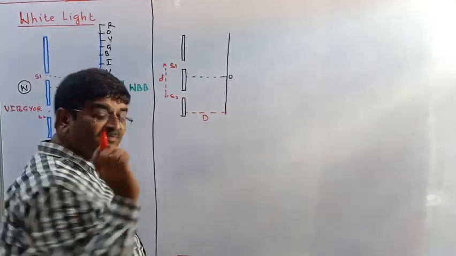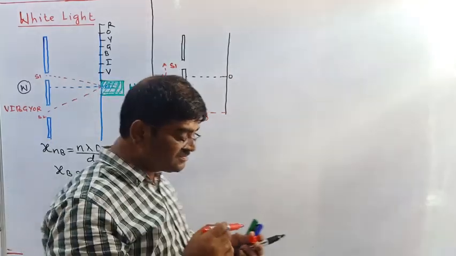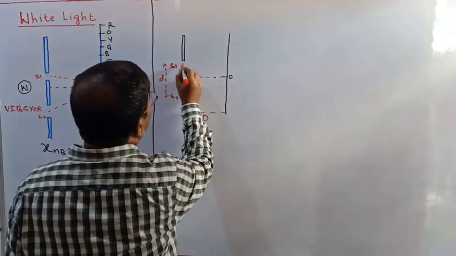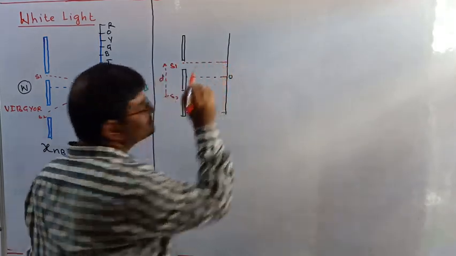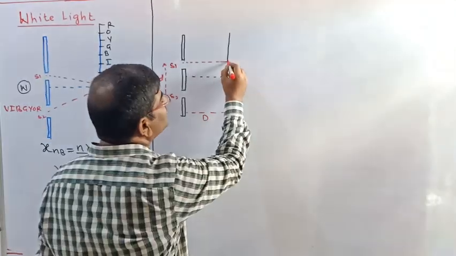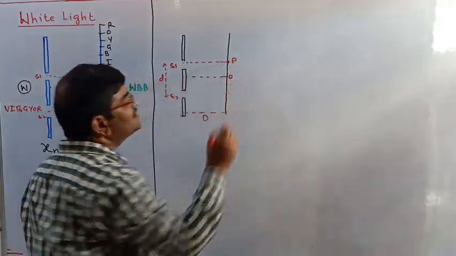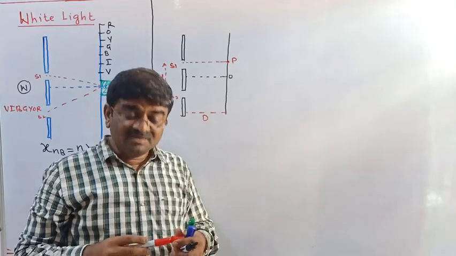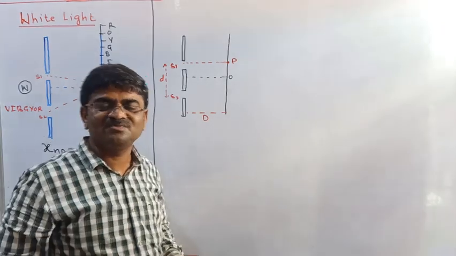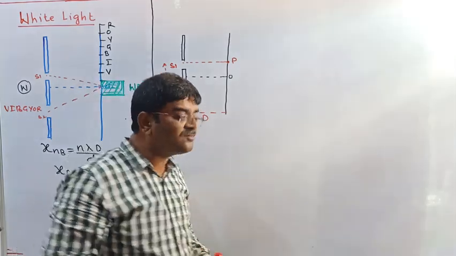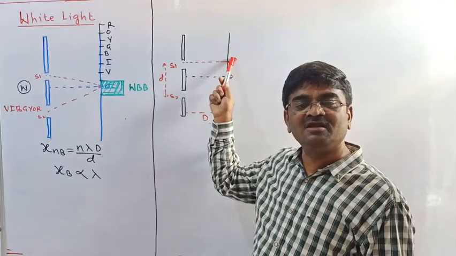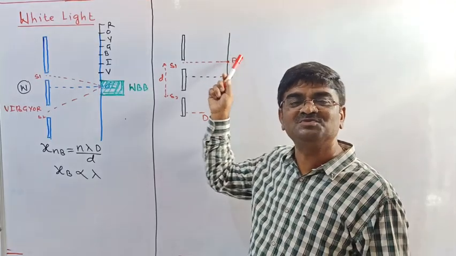Distance of screen from slit is capital D. And now what is the important concept that I would like to bring to your notice? In front of one of the slits, that could be here or that could be here. Say I am going to take here, this location P. It is in front of slit S1. That could be in front of slit S2 also. Now what they ask in competitive exams: what are those wavelengths in front of one of the slits which are missing?